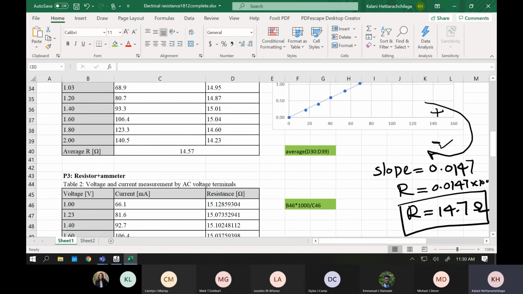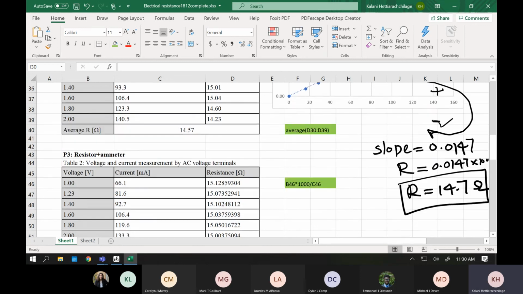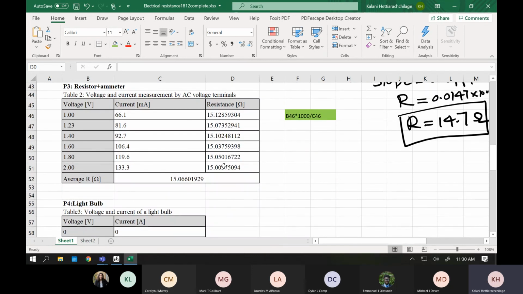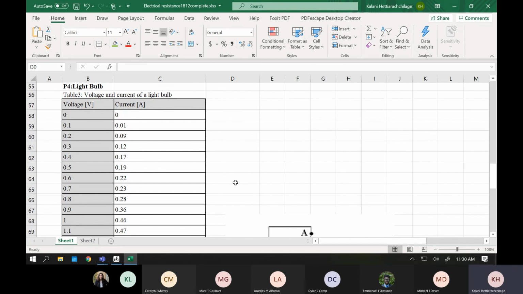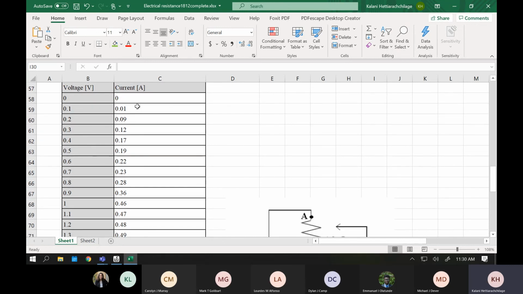Okay, good. So that will be your W4, and W5 is asking you to plot V as a function of I for the light bulb. So we are not going to do anything in here. We directly move into the light bulb, that is W5. And you again are going to plot this. You should not see the linear behavior in there.